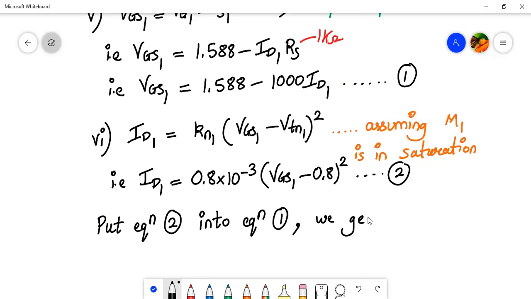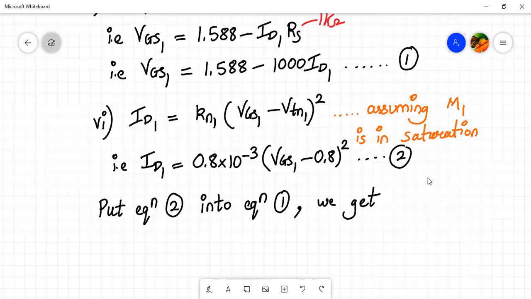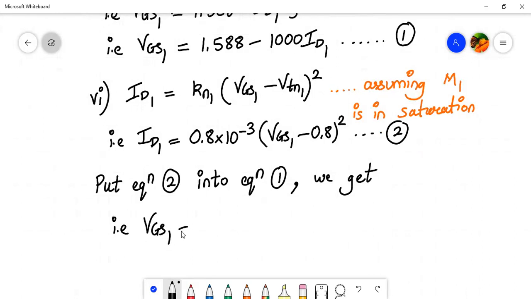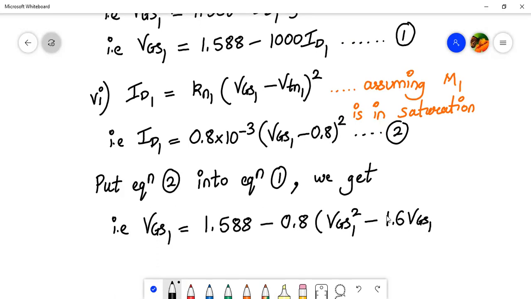So we get VGS1 is equal to 1.588 minus 1000 times ID1, and 1000 multiplied by 0.8 milli will be 0.8 only. So minus 0.8 into VGS1 minus 0.8 the whole square. So it will be VGS1 square minus 1.6 VGS1.